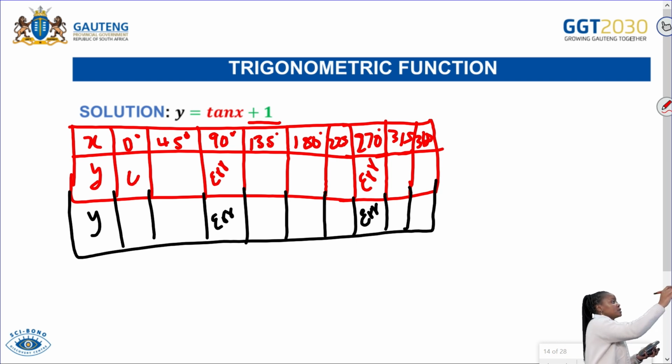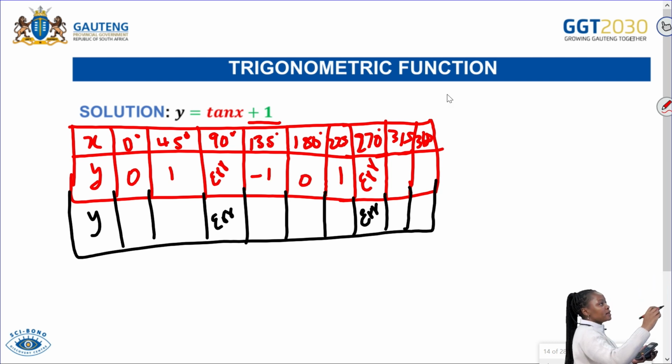So it's going to be at 0. At 45, I'll have my y value as 1. At 135, I'll have my y value as negative 1, at 90 is an error, and then at 315 it's negative 1, and then at 360 I have 0.